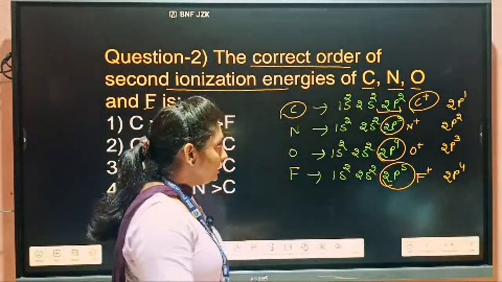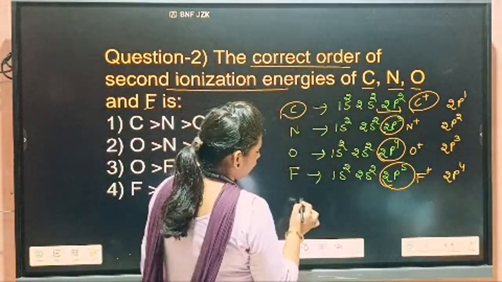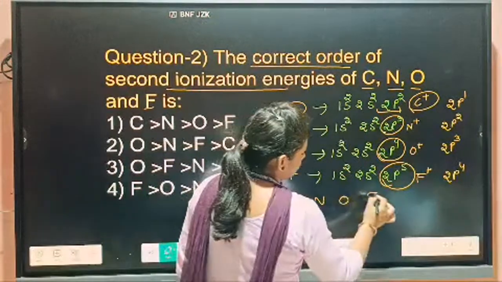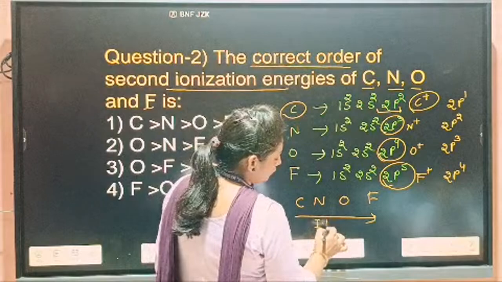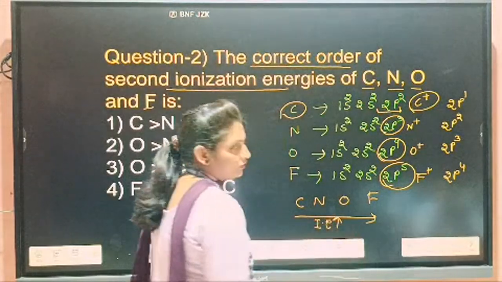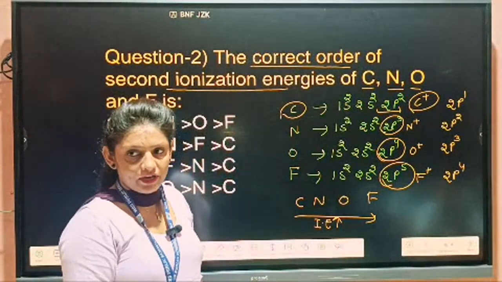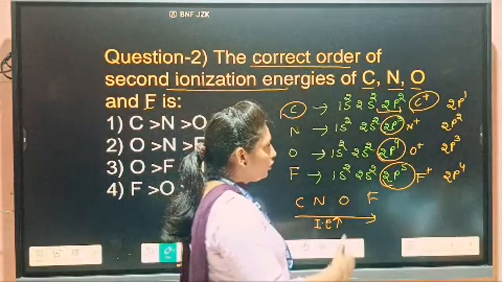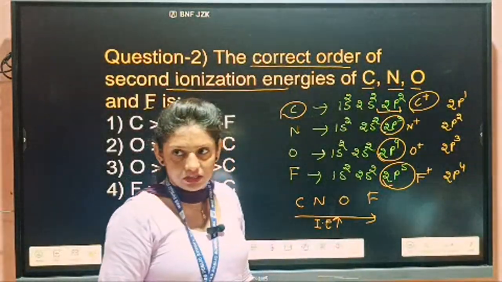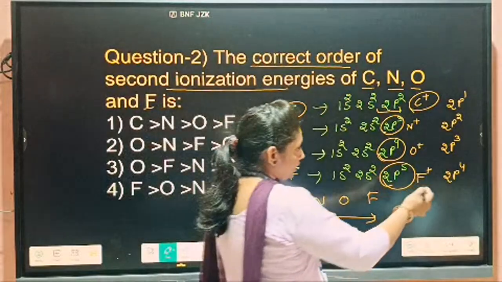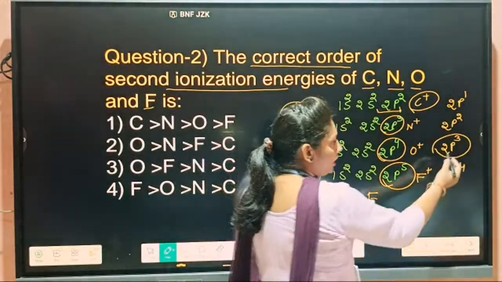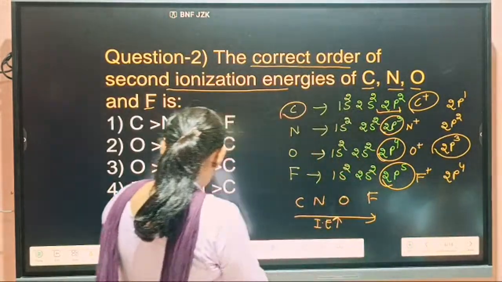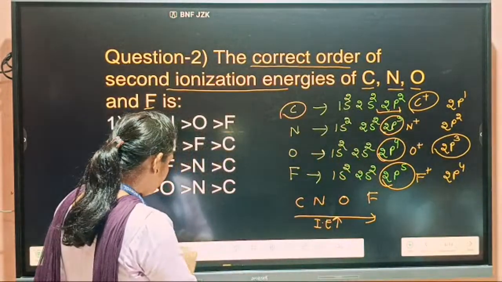Students, in the general way, ionization enthalpy increases when we move from left to right. But if we talk about the second ionization enthalpy, in the case of oxygen, the p orbital is a half-filled orbital.